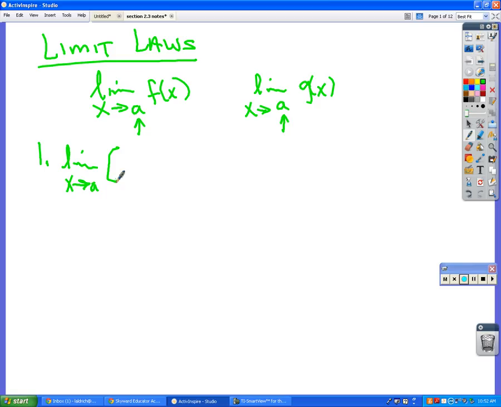The limit as x approaches a of f of x plus g of x equals, this is a stunner, the limit of the first function plus the limit.